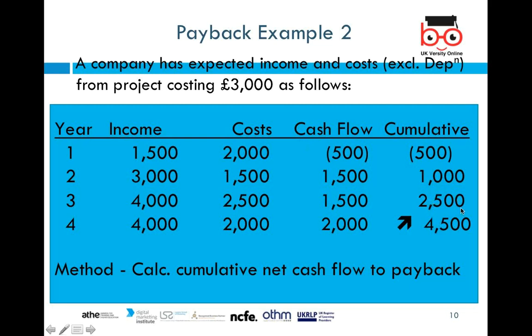So somewhere here is our payback period. So 2,500 and 4,500. Our payback period is nearly 3.5 years, because we are seeing the projected time. So the time will be in between these figures. So our projected time is 3.5 years.